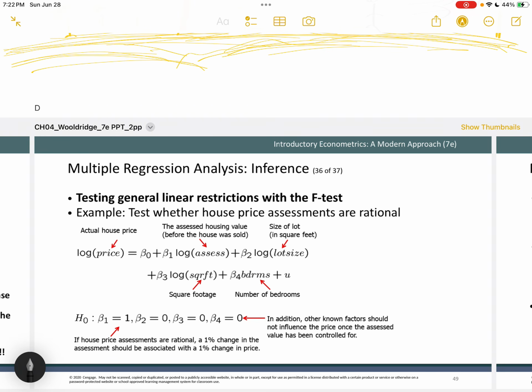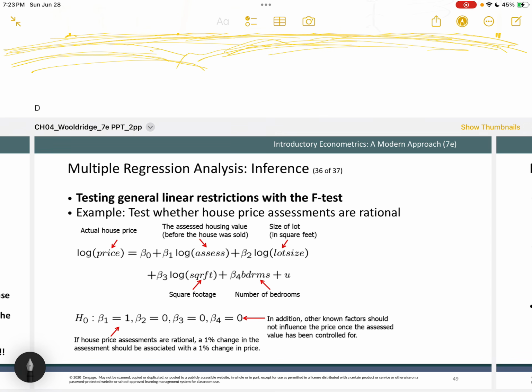Let's take this last example and call it a day. So we have log price regressed on log assess, log lot size, log square feet, and bedrooms.